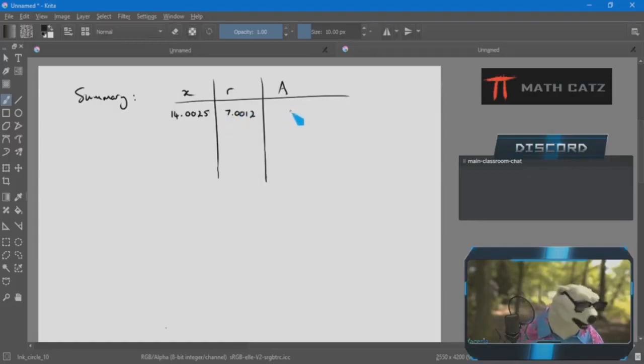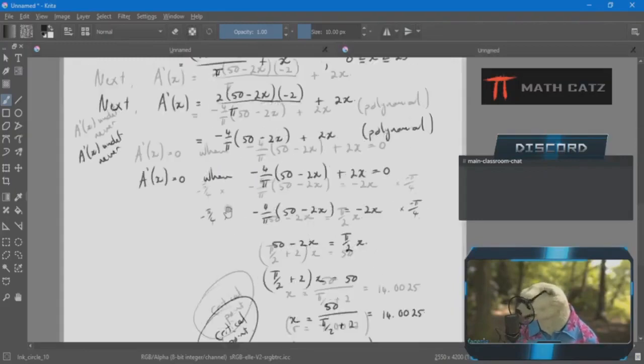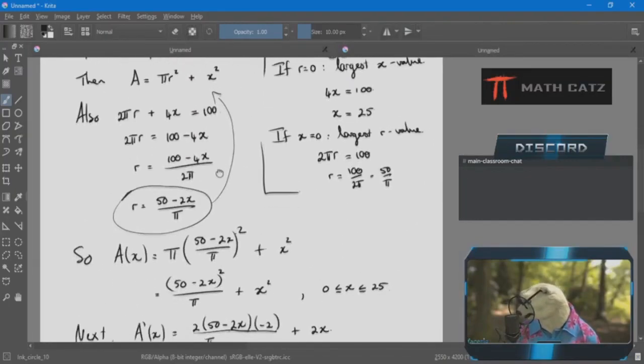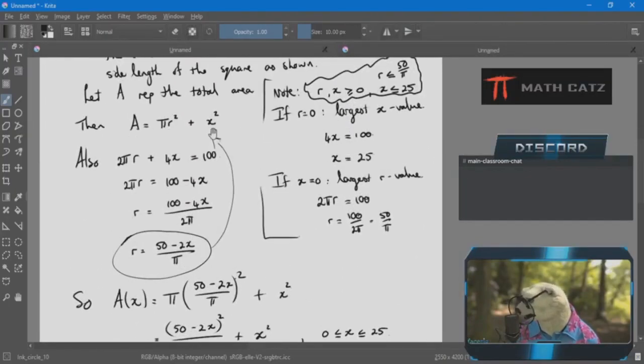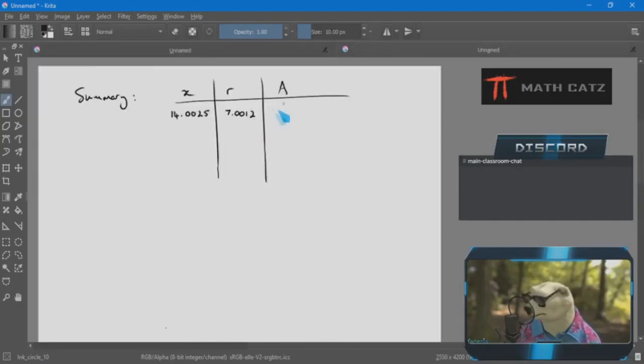Now let's find the area, which the version using r and x is up here. I'm just looking to see if I have done that somewhere. Pi r squared plus x squared, and I got 350.0620 when I rounded.